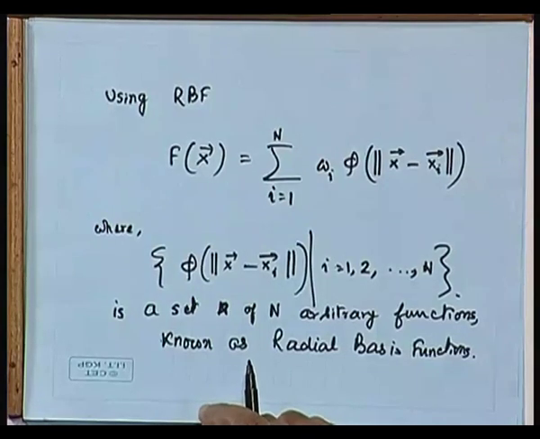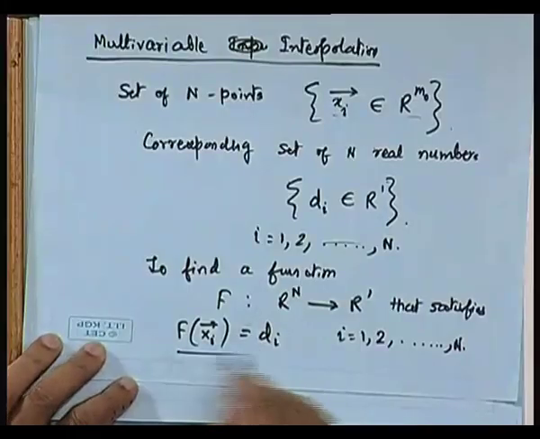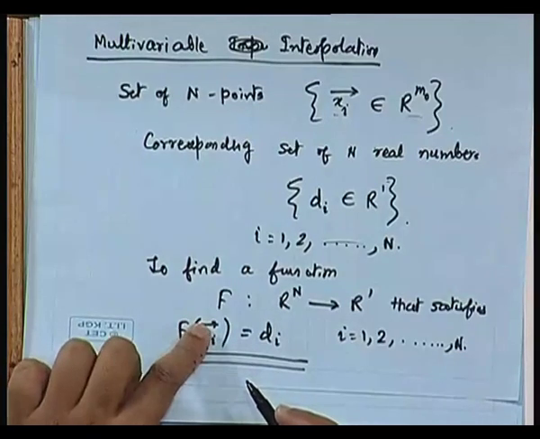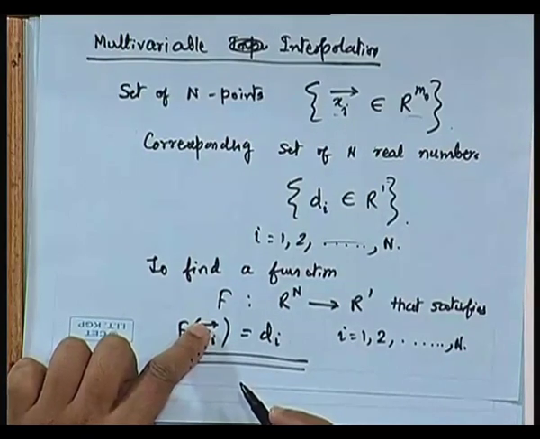Now, if we have to use the radial basis function for interpolation, then we have to impose that this equation should be satisfied, because the data acts as a constraint on the surface interpolation that we are making.